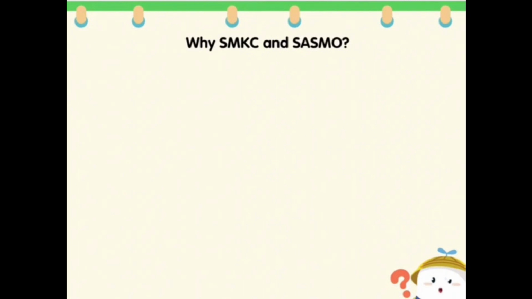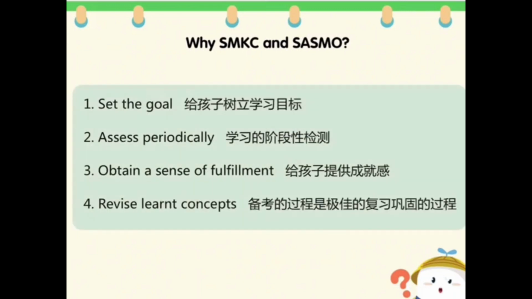And for the next part, I want to introduce why we encourage kids to join SMKC or SASMO. So for the first one, we try to set a goal for kids since there are few tests or competitions or quizzes in school for P1 and P2 students.